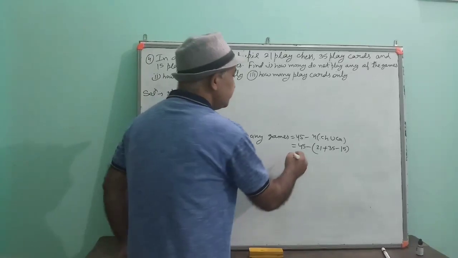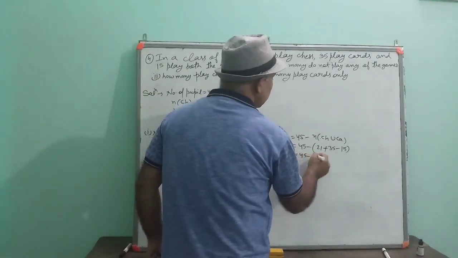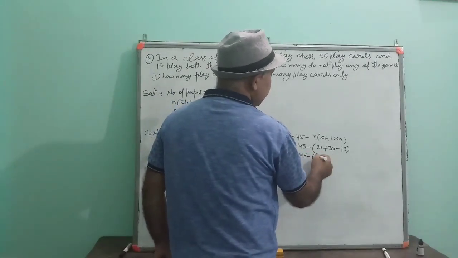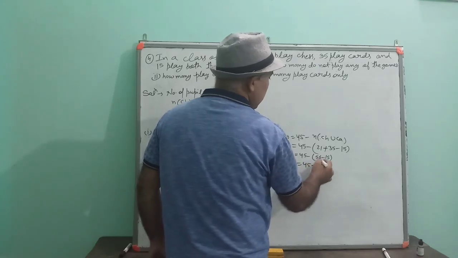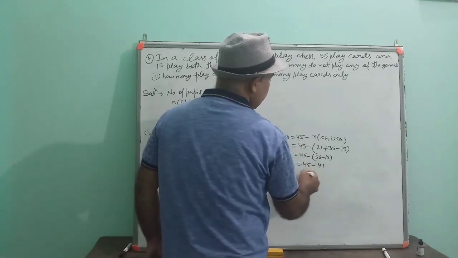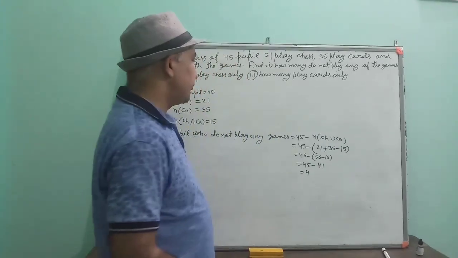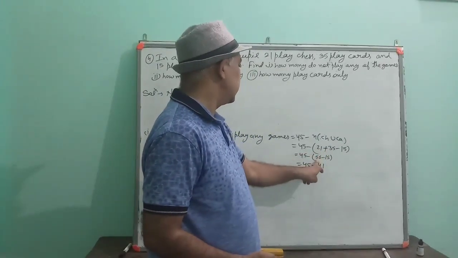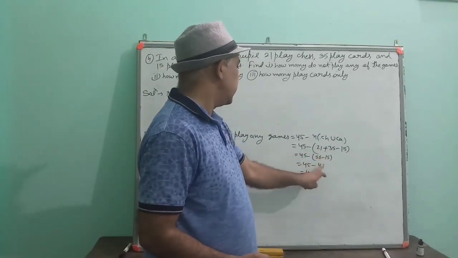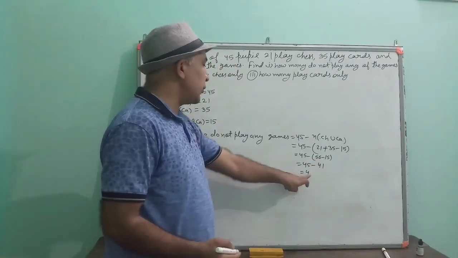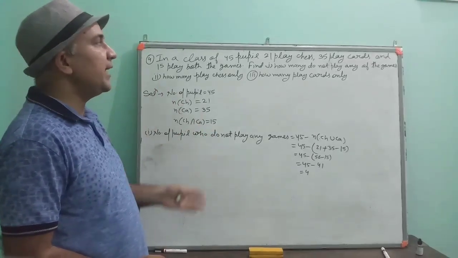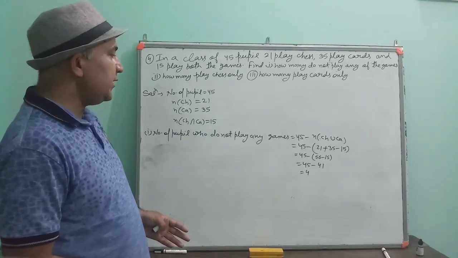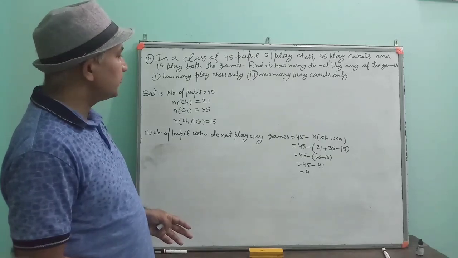Now solve it. 21 plus 35 is 56, minus 15 means 41. Is this correct? Yes. 45 minus 41 is 4. That means there are 4 people who are not playing any game. Okay? Any doubt here?